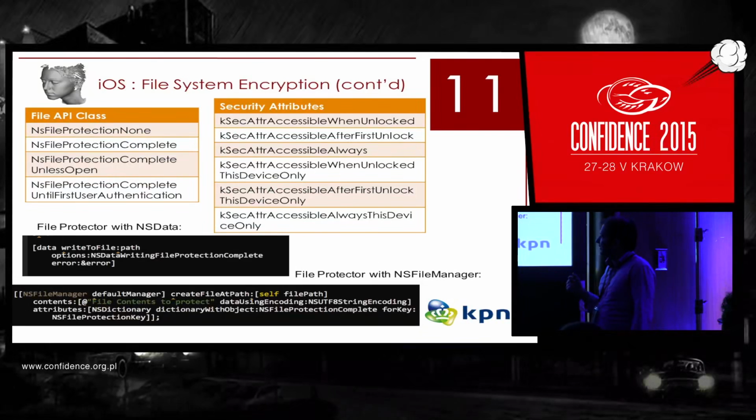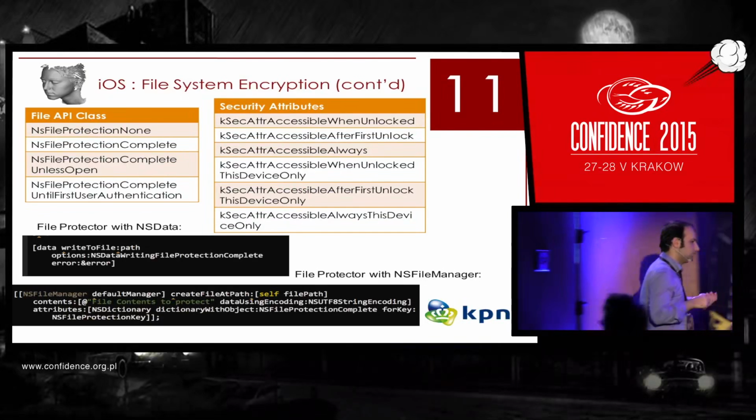And this can be achieved with either NSData or NSFileManager. The subtle difference between the two is that with NSFileManager over NSData, you can specify these attributes, but NSData doesn't give such an option to the developer.